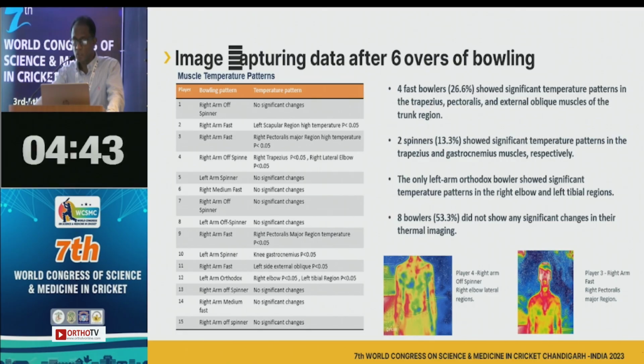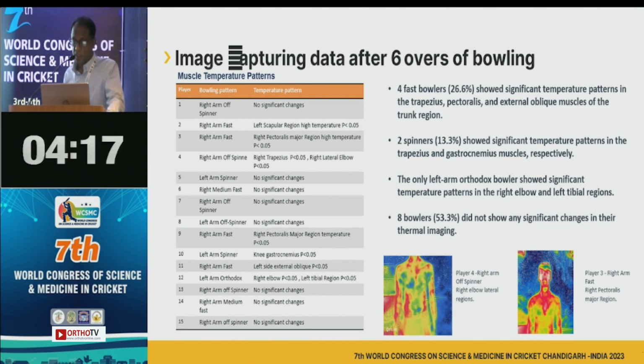Image capturing data after 6 overs of bowling was the main target of this study, and you can see some of this capturing was very well done. It was analyzed, and 4 bowlers out of these 15 showed significant temperature patterns in their trapezius, pectoralis muscles, and also the external oblique muscles of the trunk.